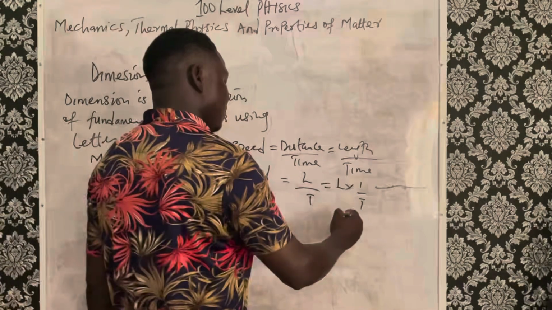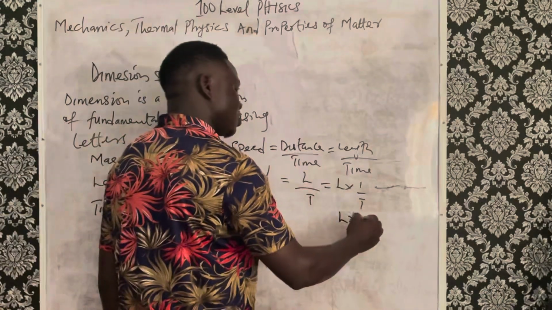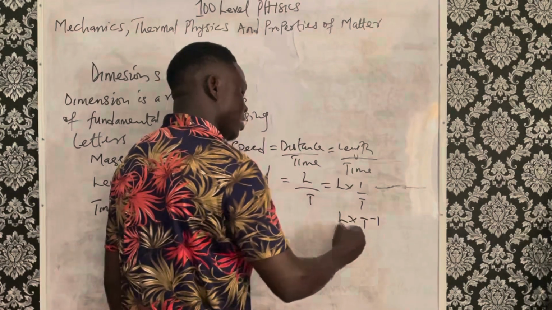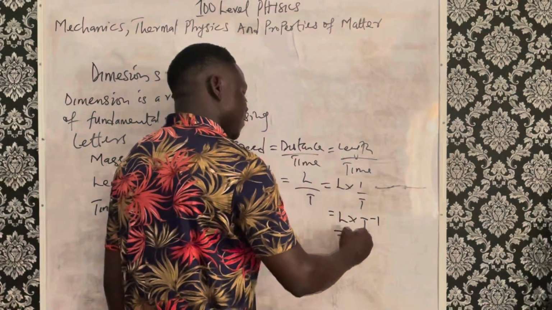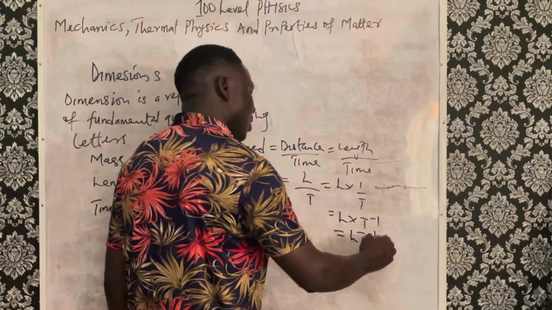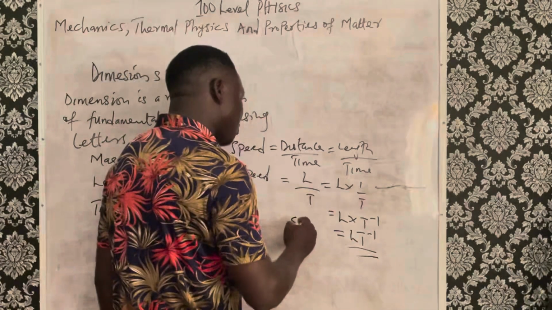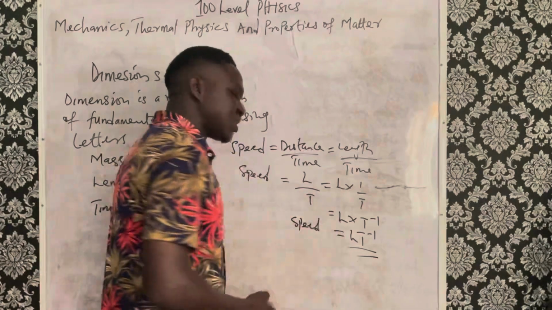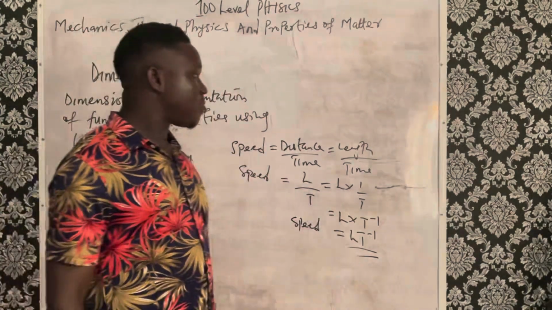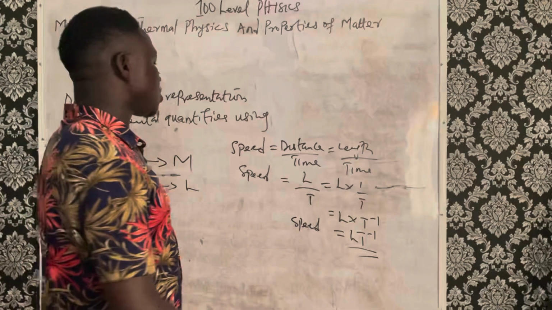That's like saying L times T raised to the power minus 1. That should be L T to the power minus 1. This is the dimension of speed.